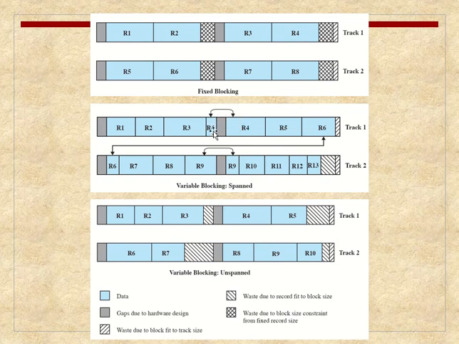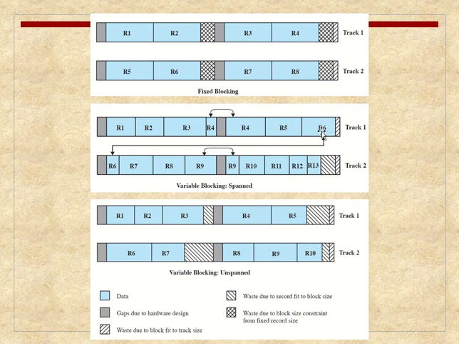Like here, for example, the size of record 4 is larger than this area, so part of record 4 is put here, and the remaining part is put in the next area in the track. A record can also span multiple tracks.